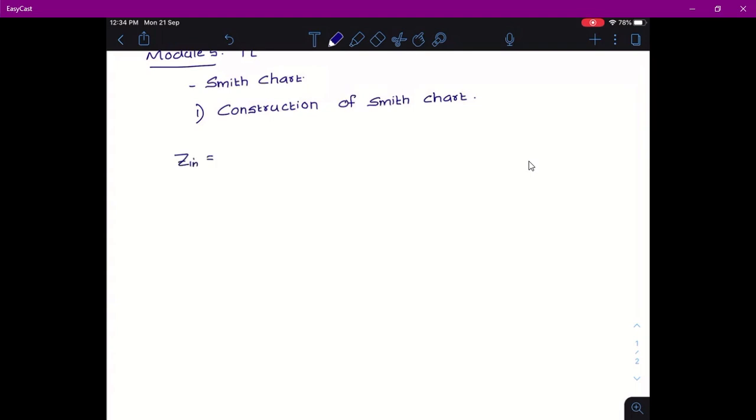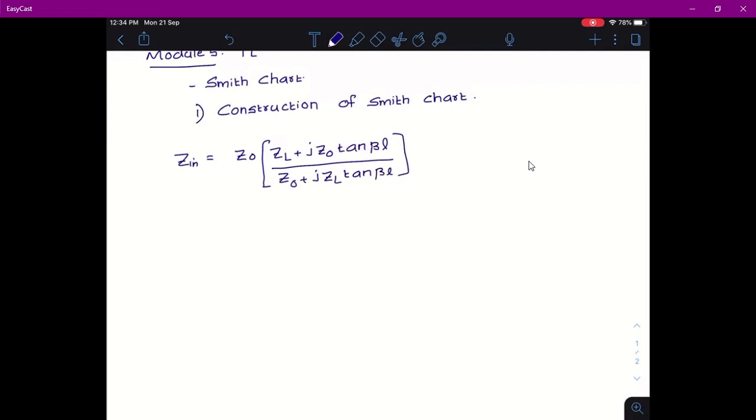Now the input impedance, as we have studied, is given by Z0 (ZL plus jZ0 tan beta L) by (Z0 plus jZL tan beta L).